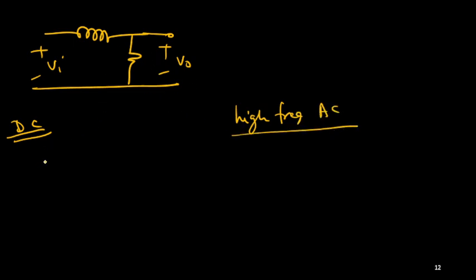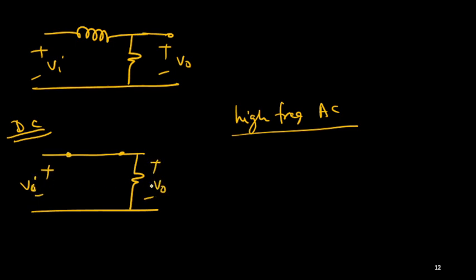For DC, the inductor behaves as short circuit. And it is resistance. This is your Vi. What is the output? Because it is shorted, there is no voltage drop here, so the output is the same as Vi. So gain equals 1. Thus, a low frequency signal can easily pass through.